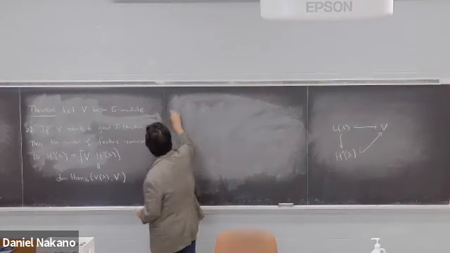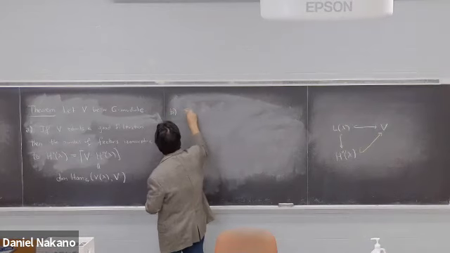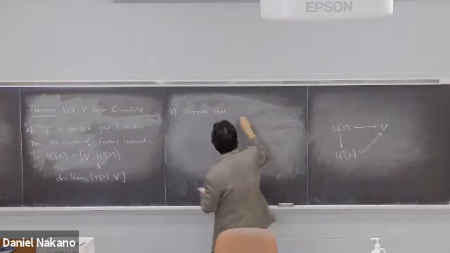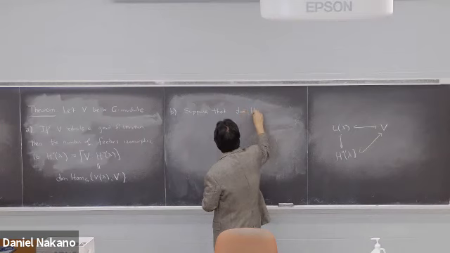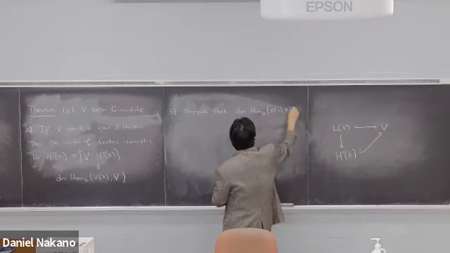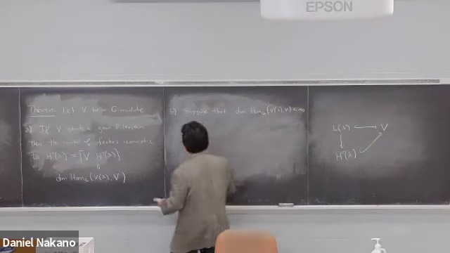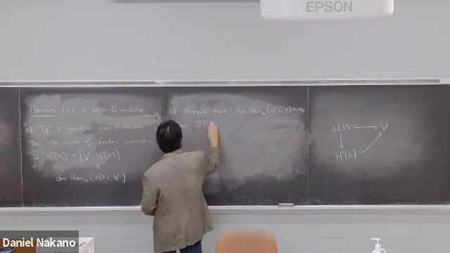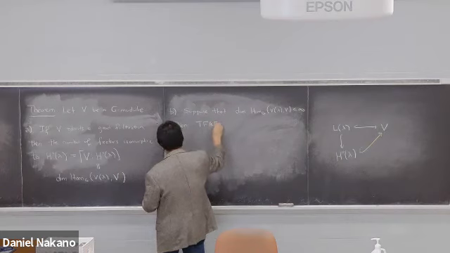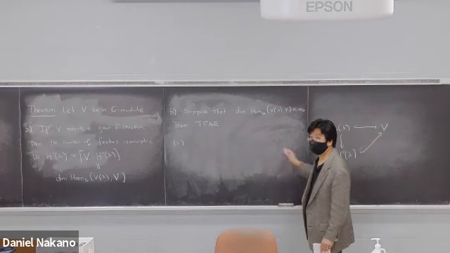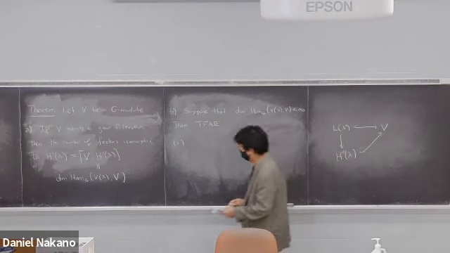So B, suppose that the dimension of Hom_G(V(lambda), V) is finite for all lambda. This actually gives you a cohomological criterion for when a module admits a good filtration.